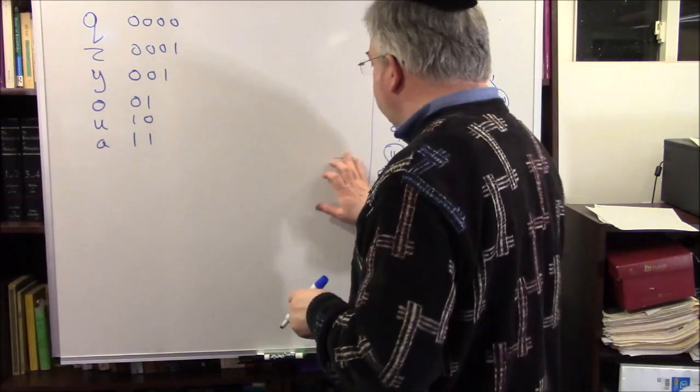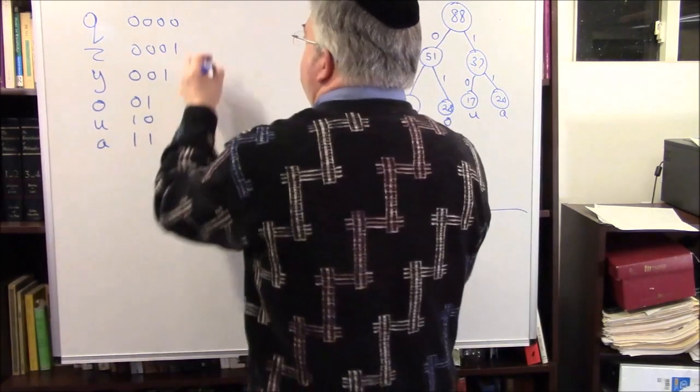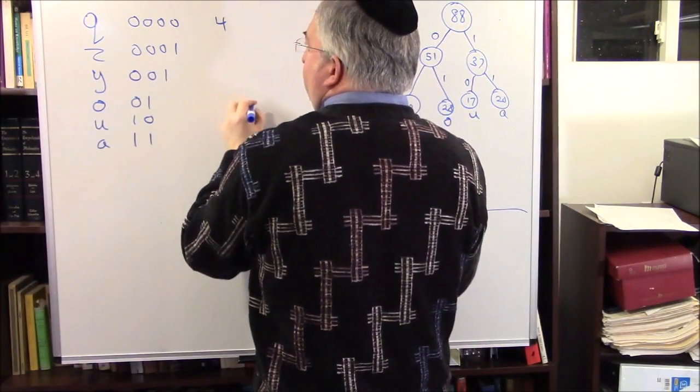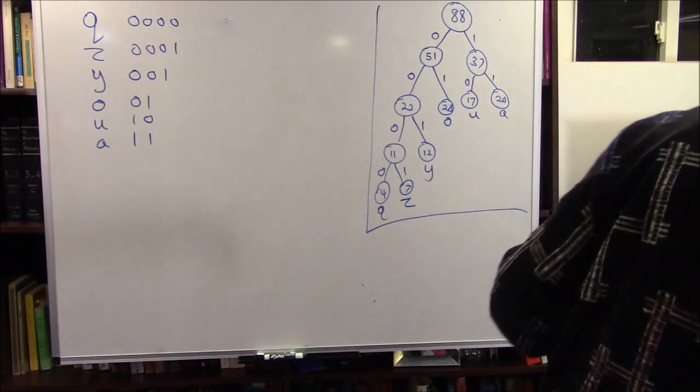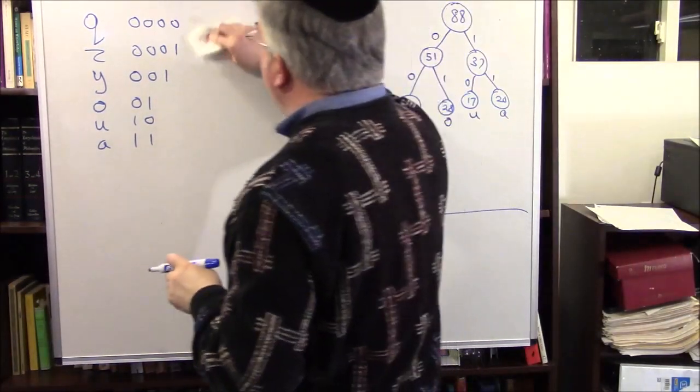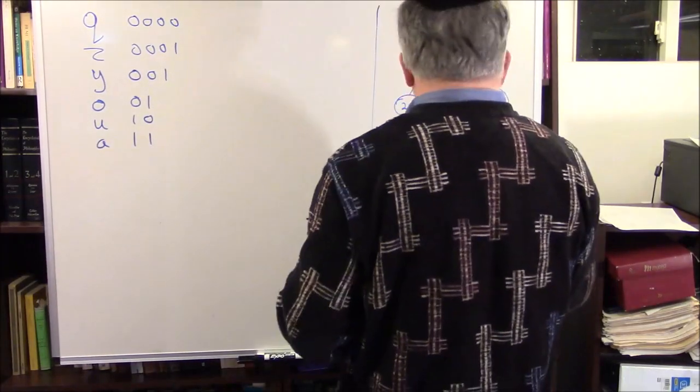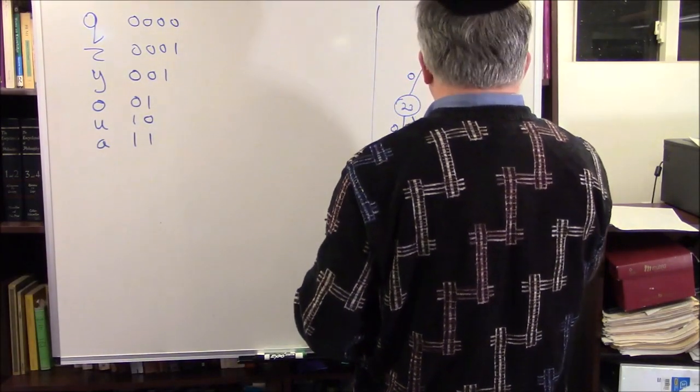Okay, let's do a little calculation here. This has 4 bits. I'm sorry, let's do that another way. That's not right. We wrote how popular they are in the beginning.